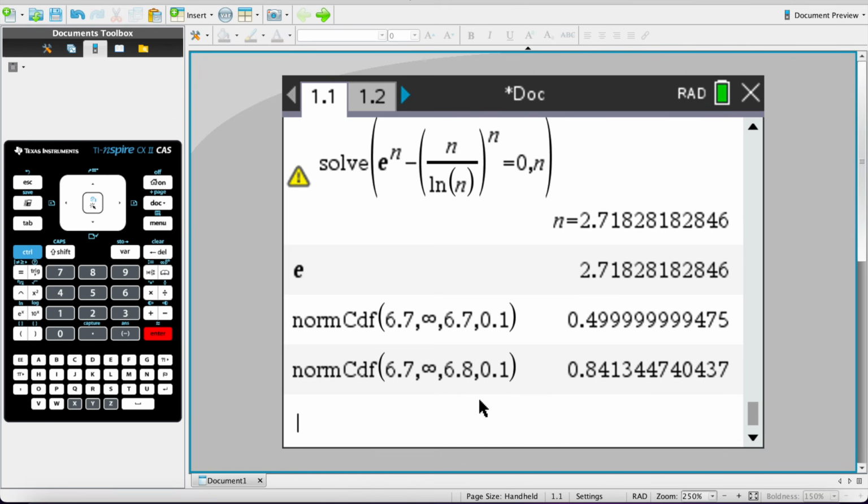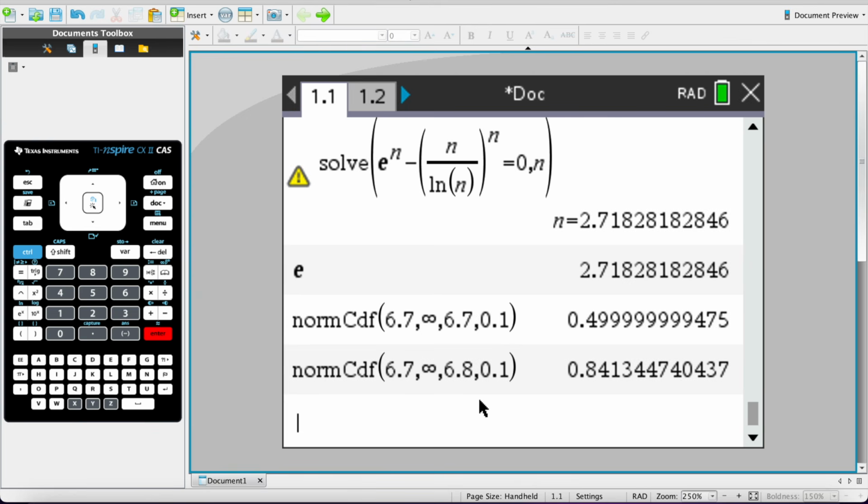Find the minimum diameter of tennis balls that is larger than 90% of all tennis balls produced. So find the probability that D, why am I saying Z? Probability that the diameter is less than a certain value is greater than 0.9.